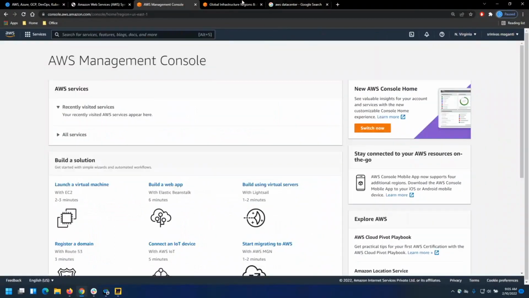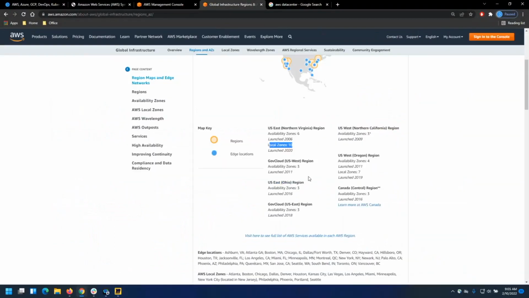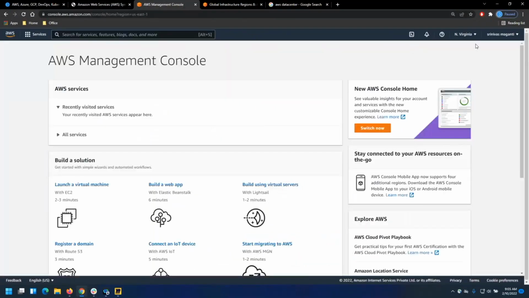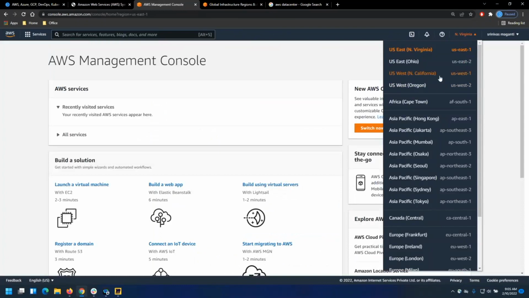So all the availability zones will be interconnected, right? Within the region, yes, they are interconnected. Oh, okay, and other zones. See, you have North California, US West.